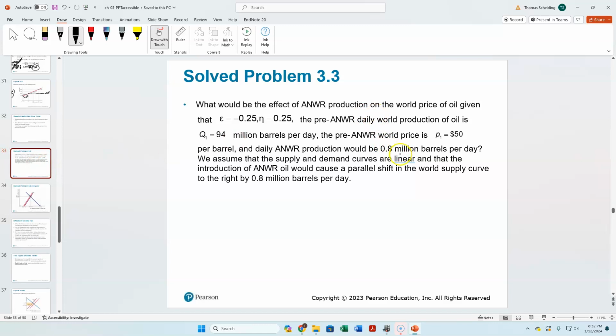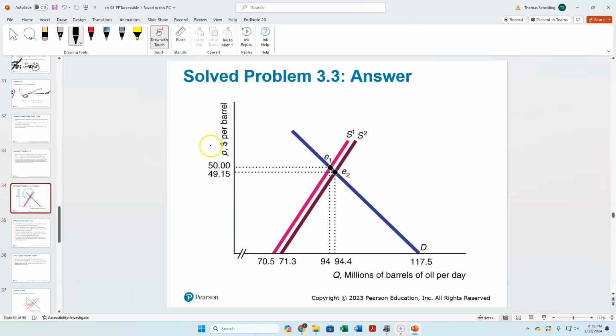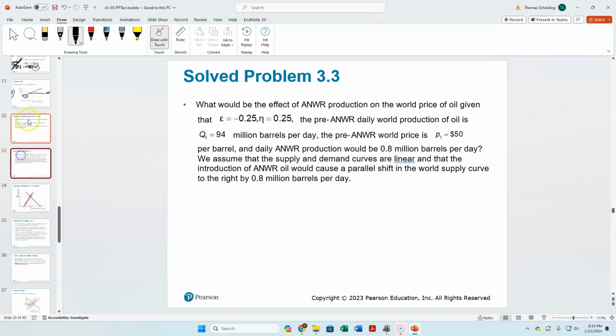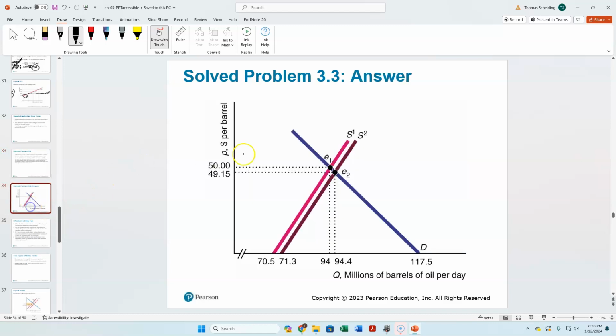We see that the price is going from $50 a barrel here, and that it's going from its pre-ANWR, pre-drilling point, 94 and 50. So 50 and 94. So there's our original equilibrium, E subscript 1.